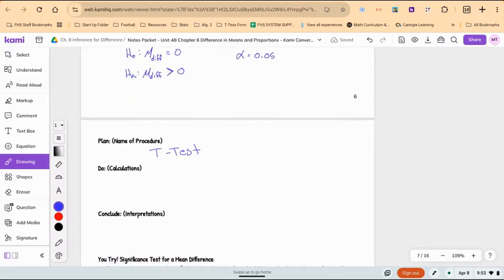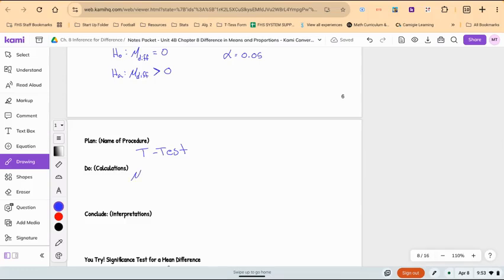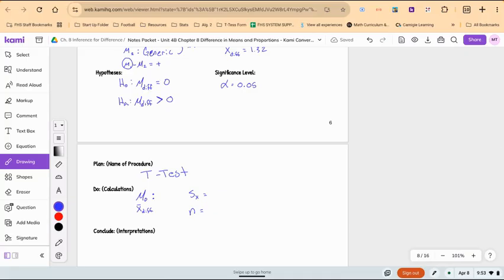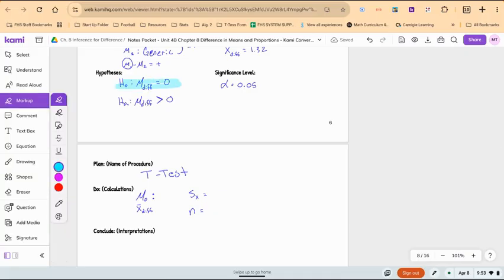Okay, and so when we run the t-test, I'm going to have to know the null mean. Okay, I'm going to have to know essentially x bar, the sample average. I'm going to need to know the standard deviation, and I'm going to need to know the sample size. Okay, all of this should be provided. The null mean I get from my null hypothesis.